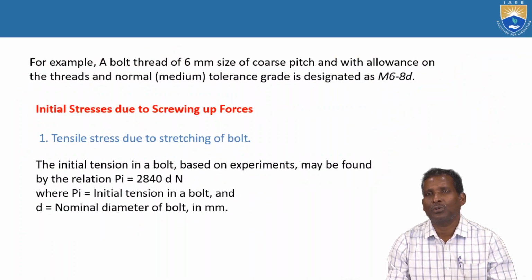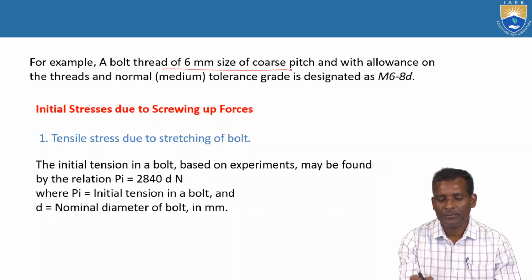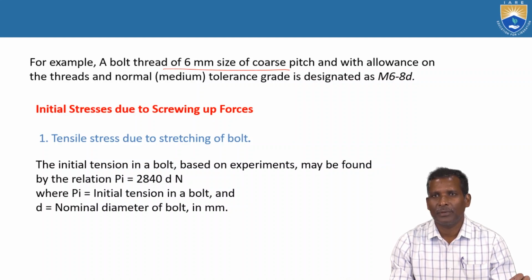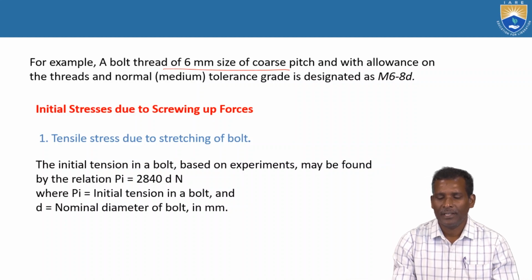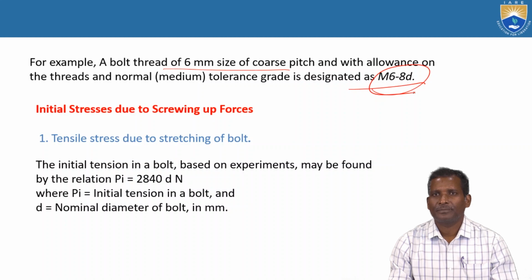For example, here shown a bolt thread of 6 mm size of coarse pitch and allowance on the threads and nominal medium type tolerance grade designated as M6 8D.